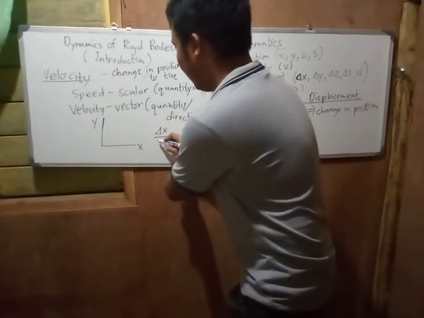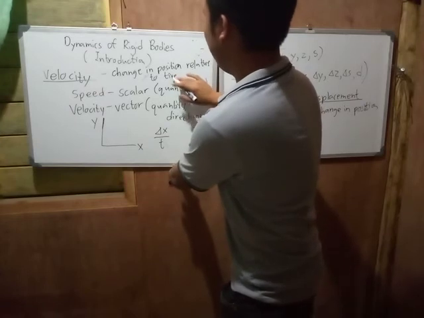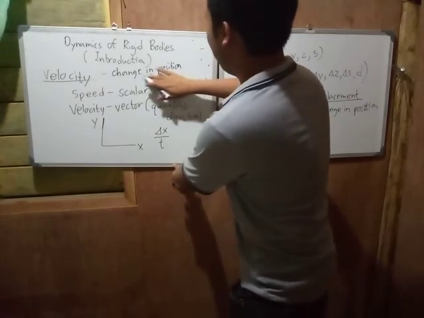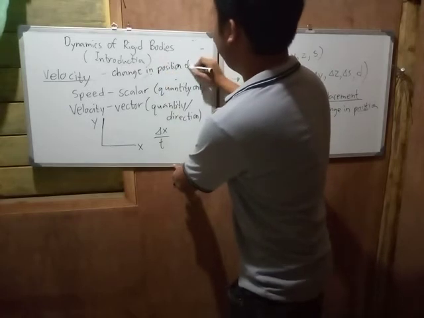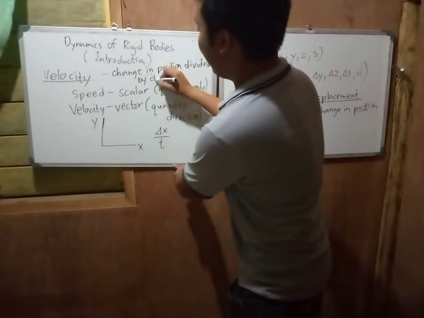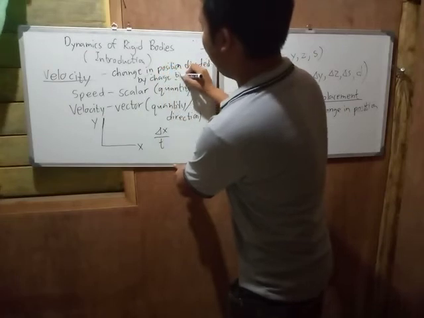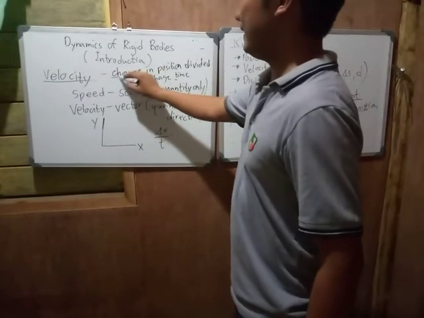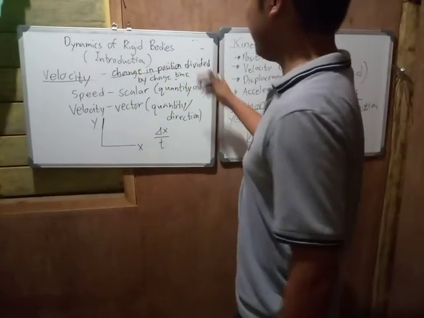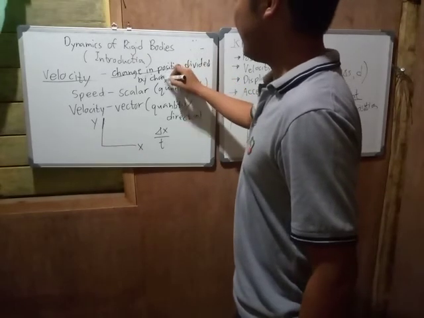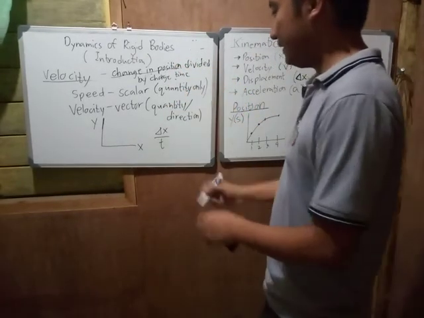Pwede nating sabihin din divided by change in time. Since change of position is equal to displacement, so displacement divided by the change in time. So, that is velocity.